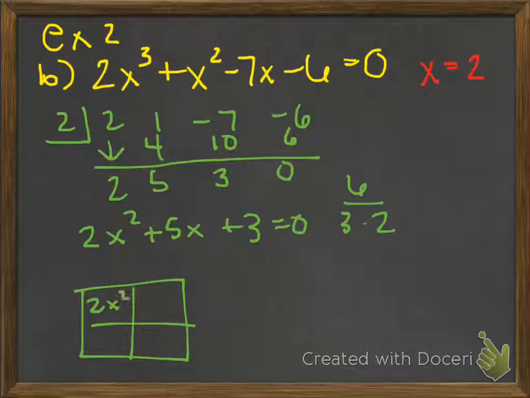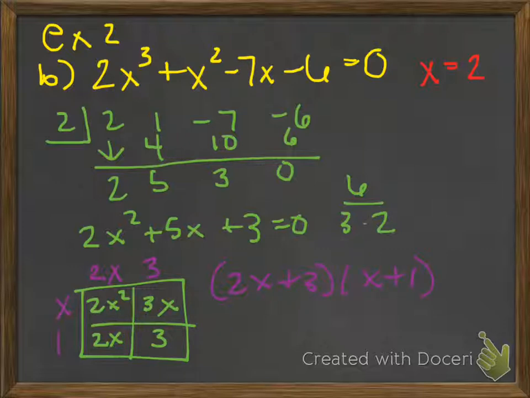So I'll have a 2x squared, a 3x, a 2x and a 3, finding the outside. In the first column I can take out a 2x, in the first row an x, in the second column a 3, and in the bottom row a 1. So this will factor to be 2x plus 3 and x plus 1.